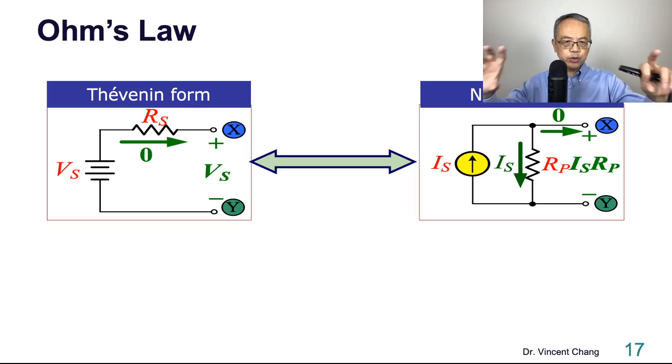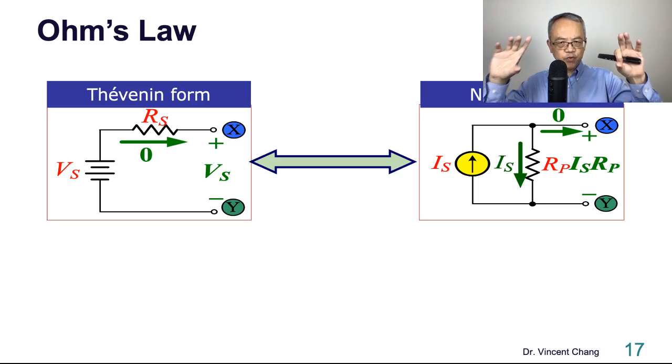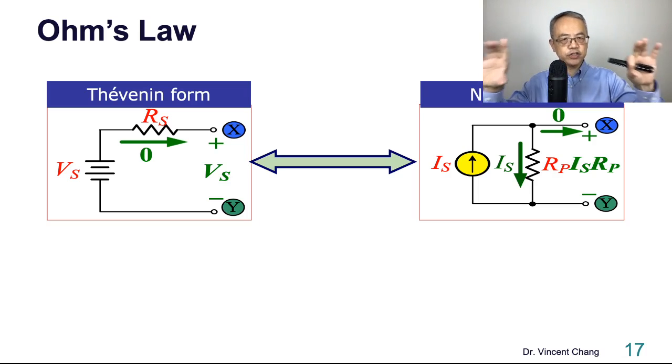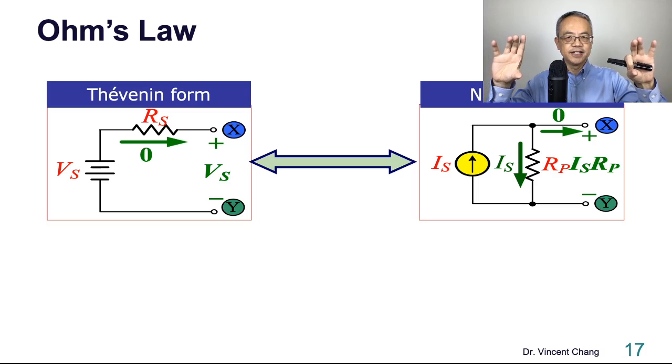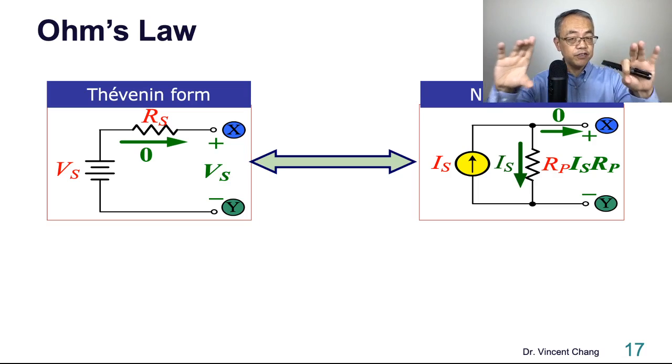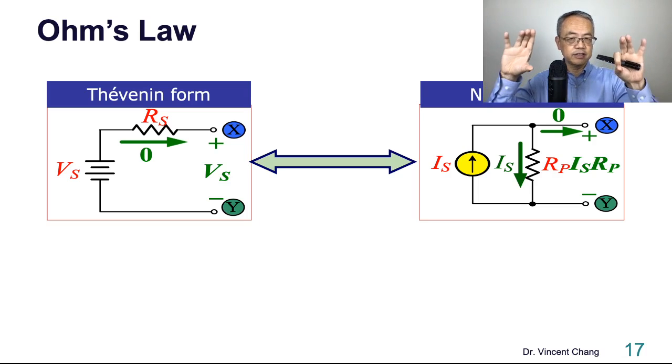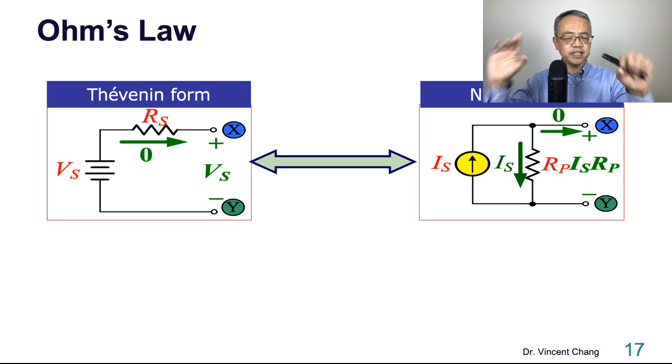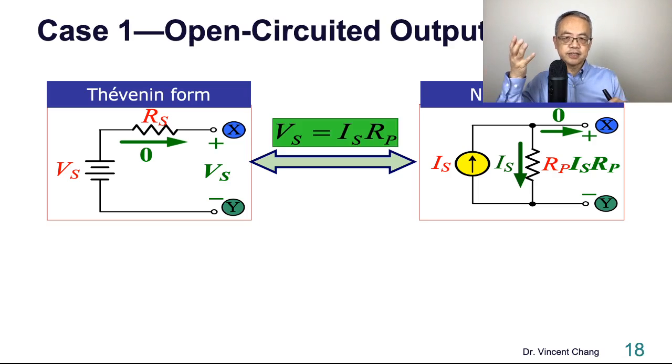So if both outputs are open circuit and the two forms are equivalent, then in this condition the open circuit output voltage should be the same. So we put Vs equals Is Rp, which gives us the first condition. So case 1, open circuited output.